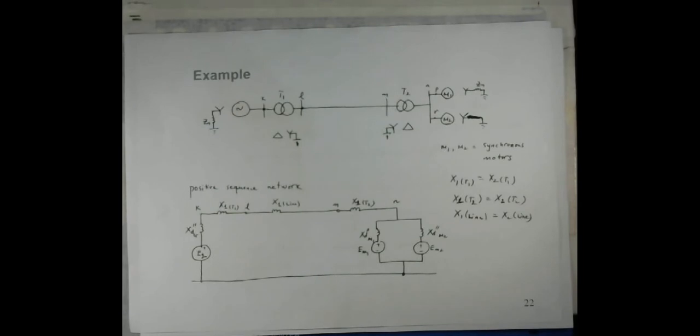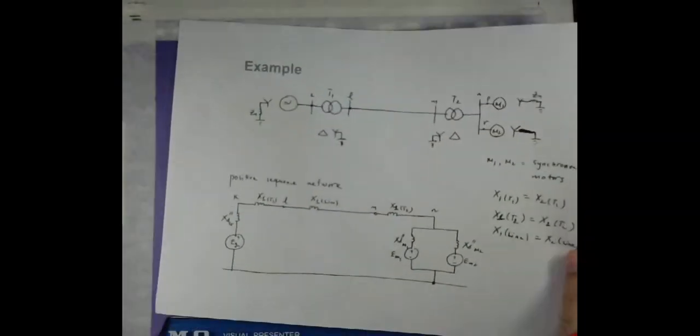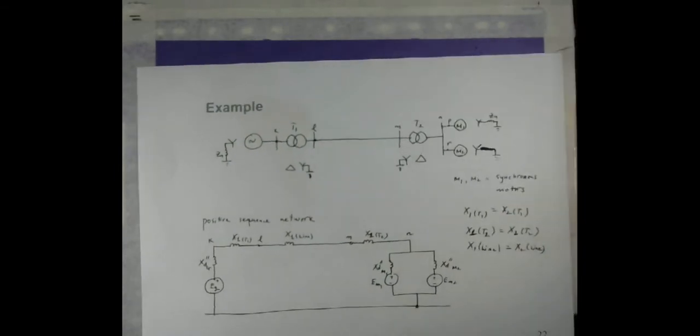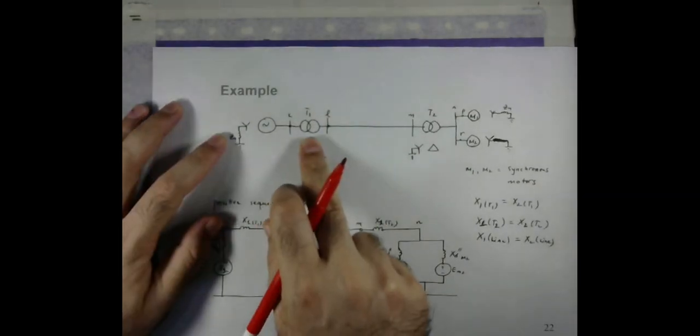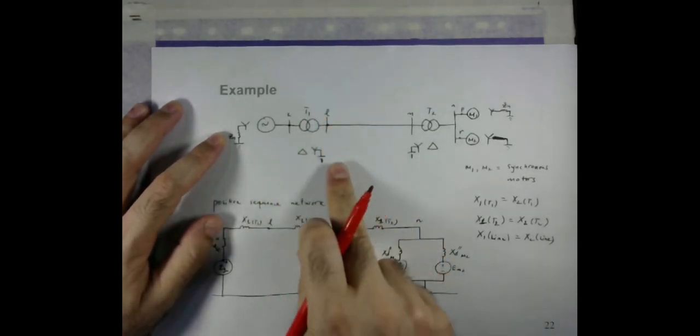Let's say we have an example where we have generation as well as the transformer, and we have a bus.